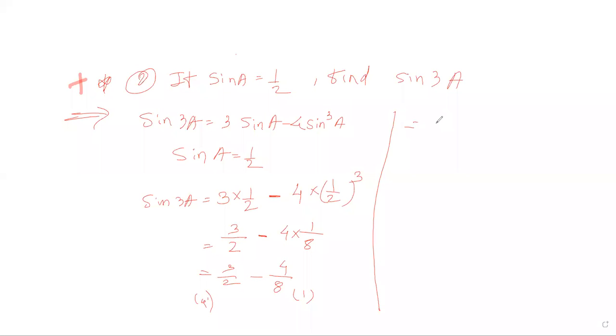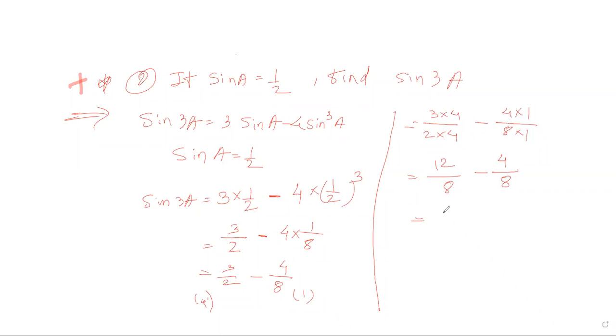So our step is 3 multiplied by 4 upon 2 multiplied by 4, minus 4 multiplied by 1 upon 8 multiplied by 1. Now 3 multiplied by 4 is 12, 2 multiplied by 4 is 8, minus 4 multiplied by 1 is 4, 8 multiplied by 1 is 8.